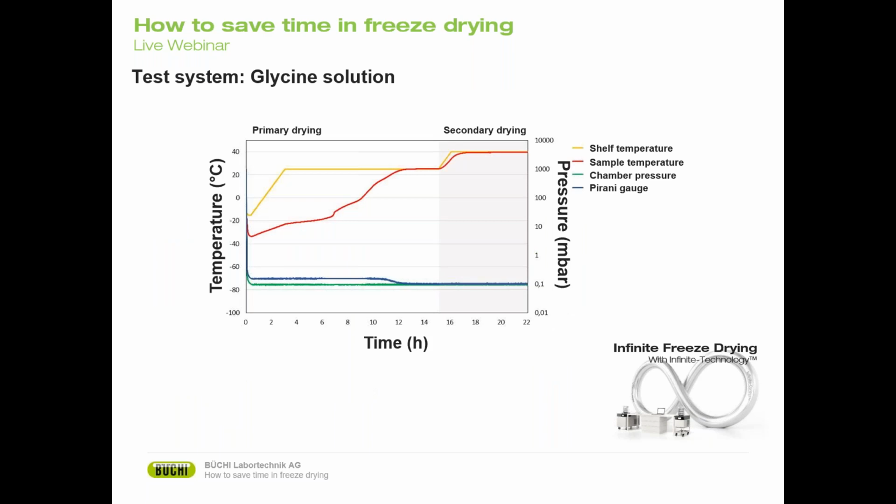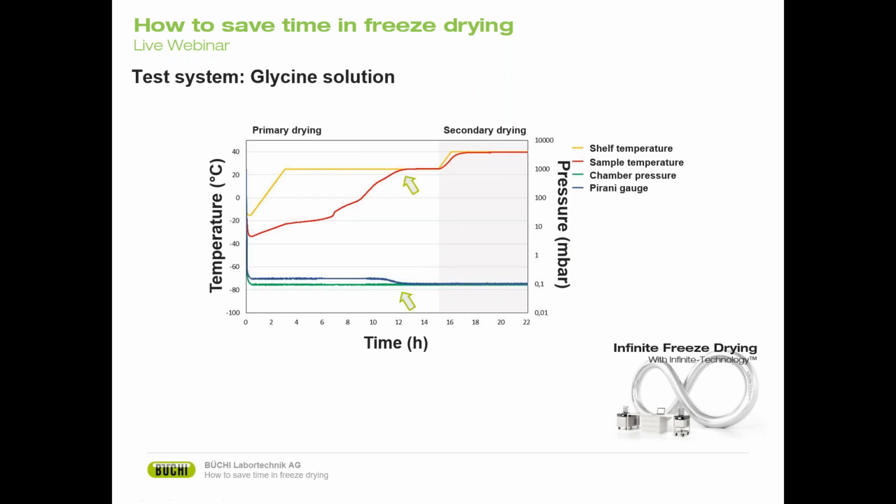Okay, and now we're switching towards finding a good endpoint criterion. Here you can see my first test run. As a test system, I used a glycine solution, which is liquid and a rather simple system. As you can see, the two lower curves display the pressure sensors, the two upper ones the temperature sensors.